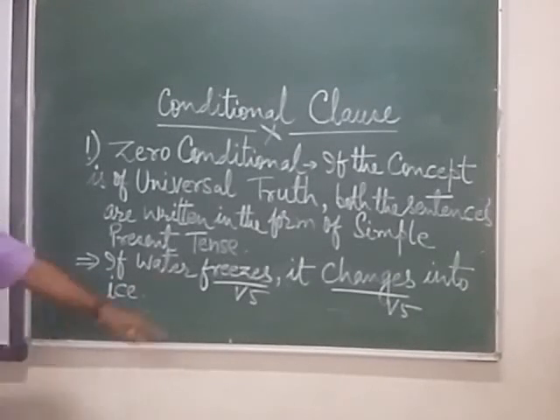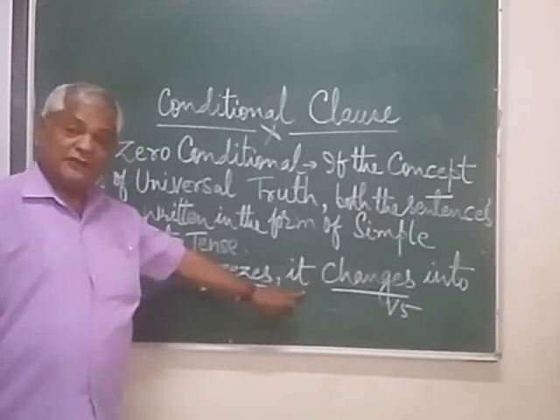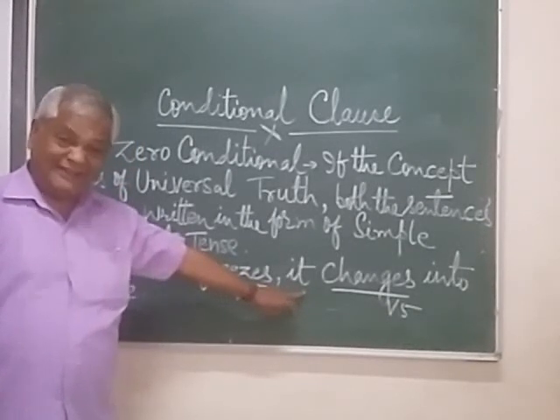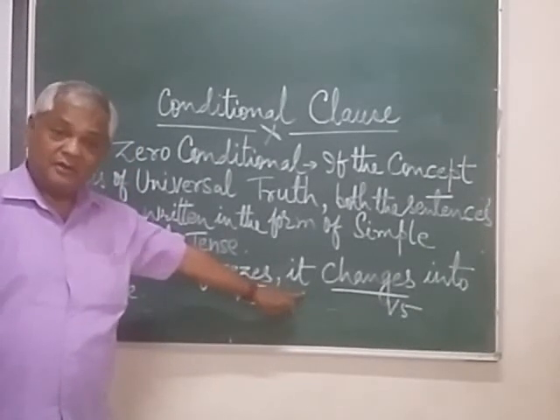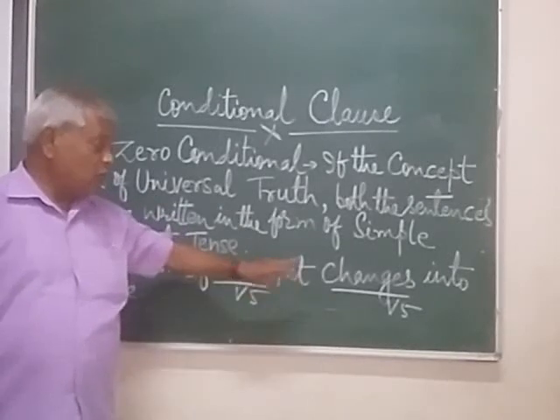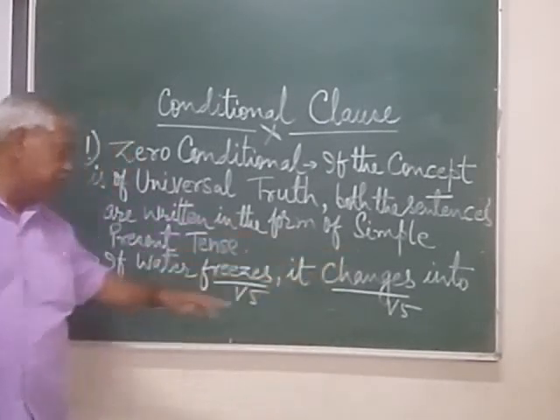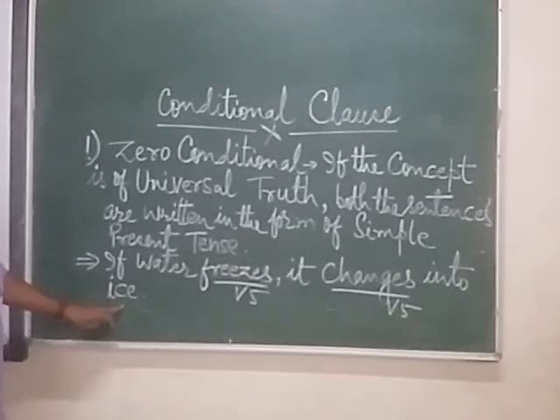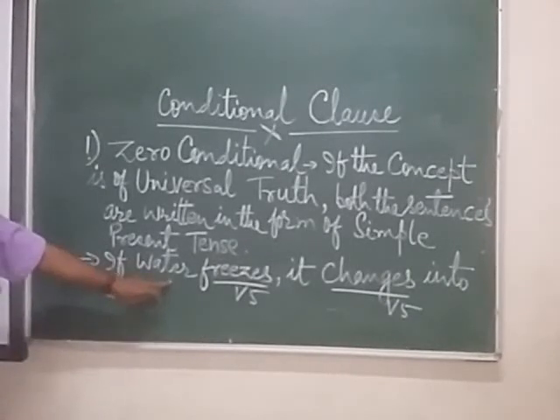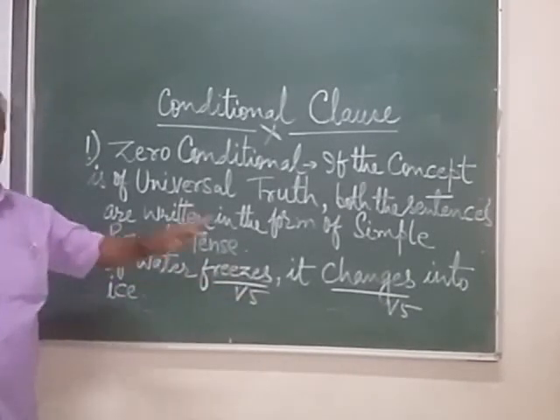Now the sentence can also be written in reciprocal manner. From here you can start with the word it, which has come for water: water changes into ice if it freezes.